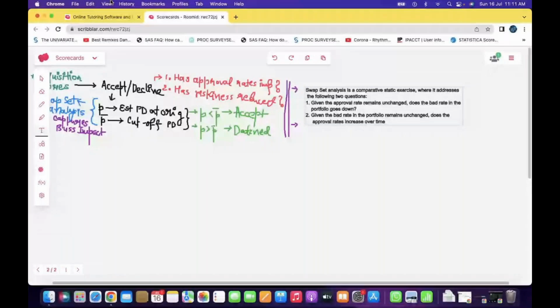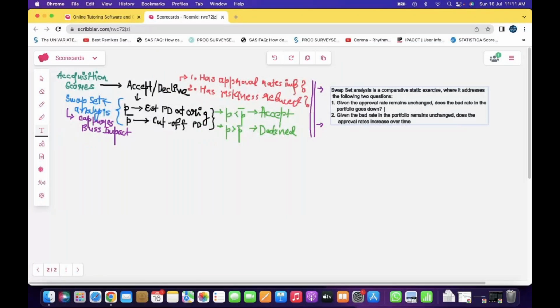Have you developed the scorecard in a manner such that, assuming your approval rate was 30%, at a 30% approval rate the profiles that you are booking now are better in terms of riskiness? So has the scorecard helped you reduce the riskiness in the overall lending, in the particular portfolio for which you have built the model, right?